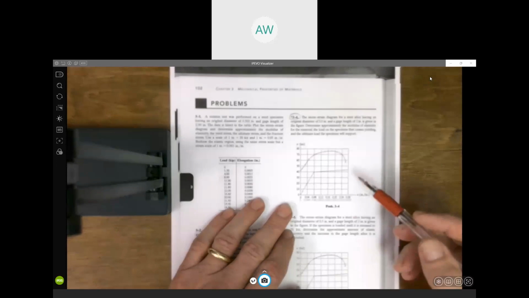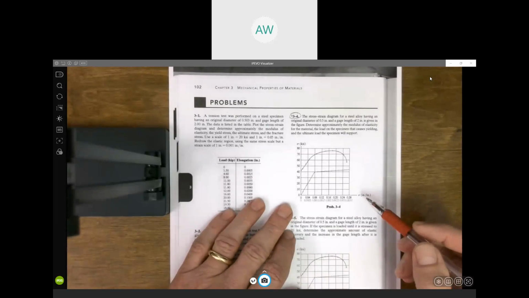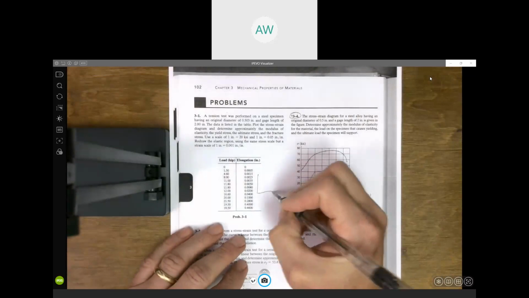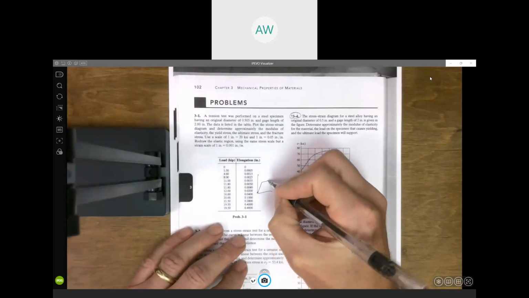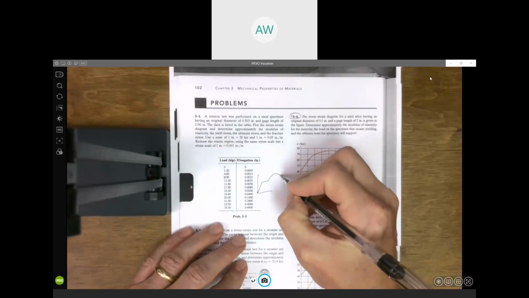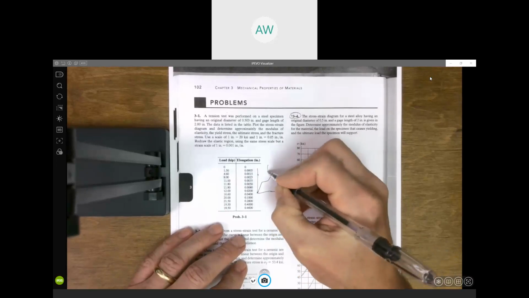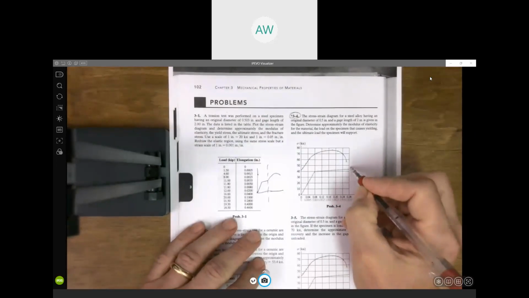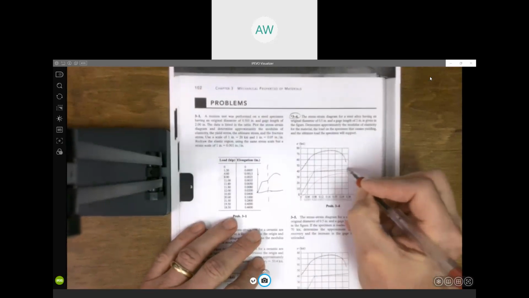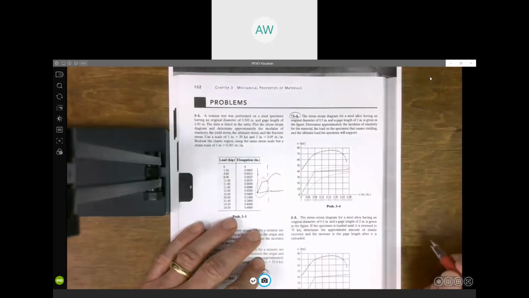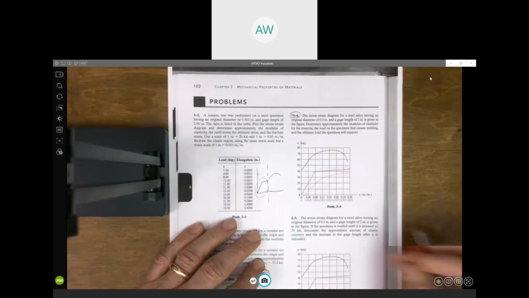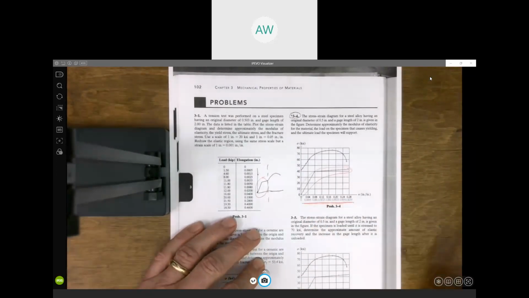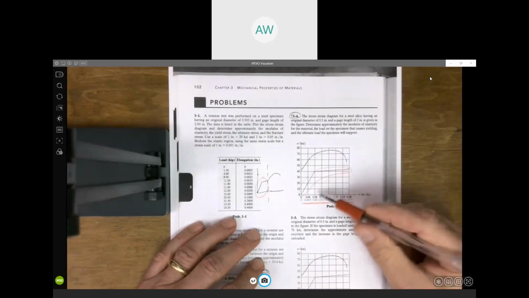So actually I had it backwards from what I said a while ago. What they've done is they've taken this diagram that looks like this, and they cut it in two. And so what you have is this part of the graph corresponds to that part of the stress strain diagram, and these smaller values of strain down here correspond to this part of the graph.